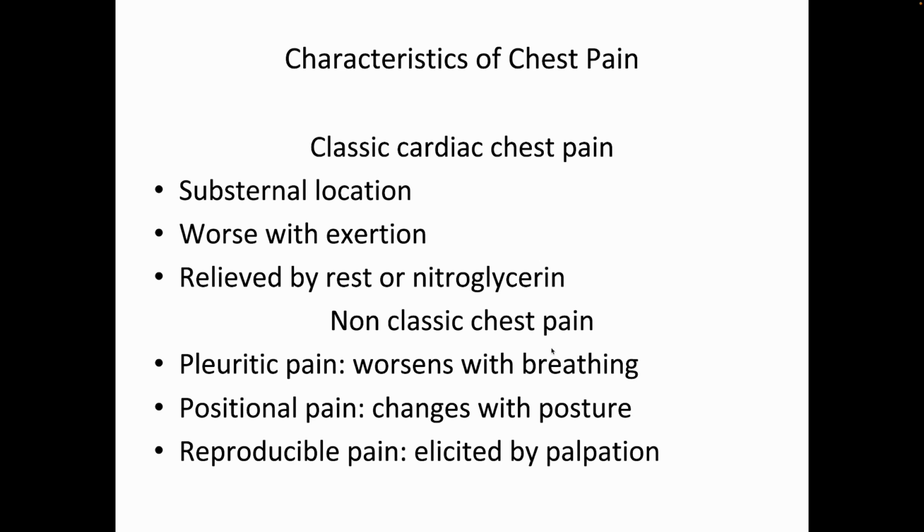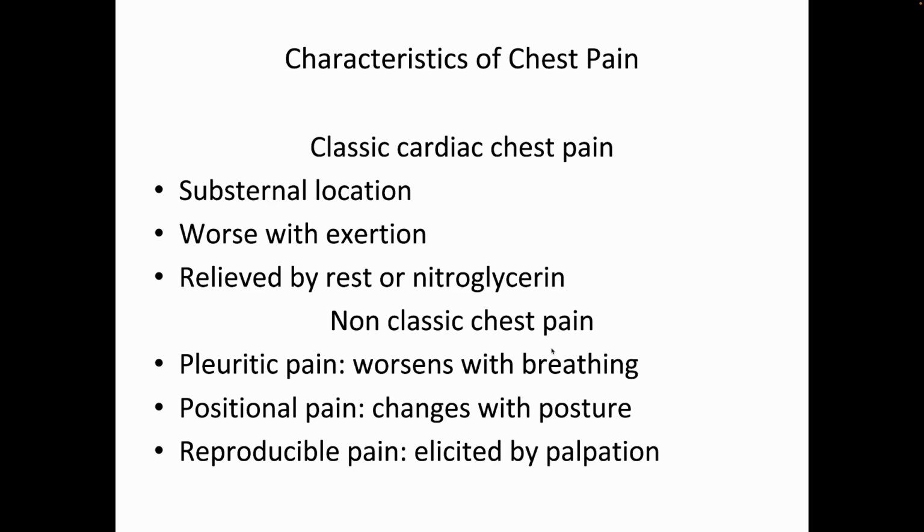The non-classic chest pain is actually pleuritic pain, so it worsens with breathing, or positional pain, which changes with posture, or reproducible pain elicited by palpation. So with non-classic chest pain, these are less likely to be acute coronary syndrome, but they do not rule out an acute coronary syndrome.